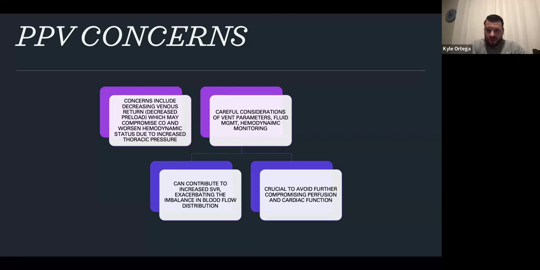Because they can contribute to increased SVR, it can exacerbate the imbalance in blood flow distribution, just worsening the situation. It's crucial to avoid further compromising perfusion and cardiac function. So these are the concerns with positive pressure ventilation in distributive shock.